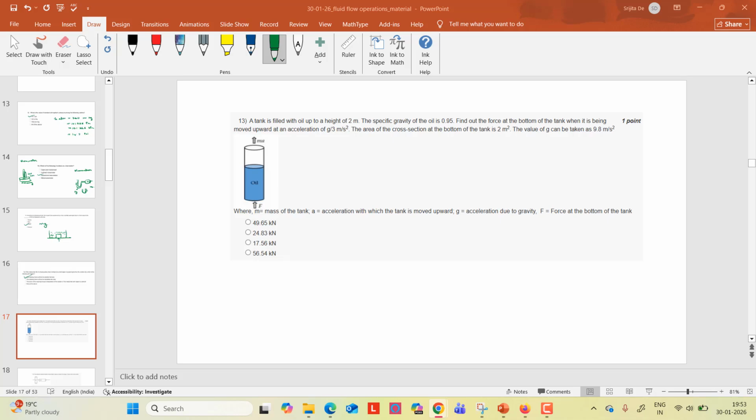So what do you think? Height is given, specific gravity is given, area of the bottom is given, and the acceleration is given, moving upward. So you can tell me what is happening.